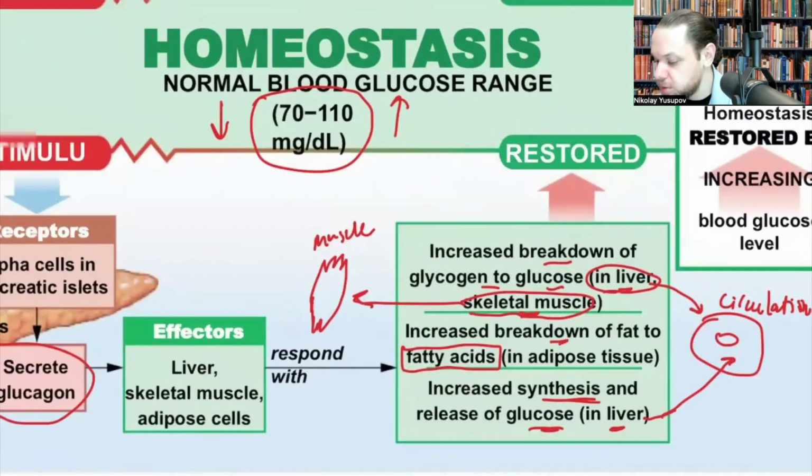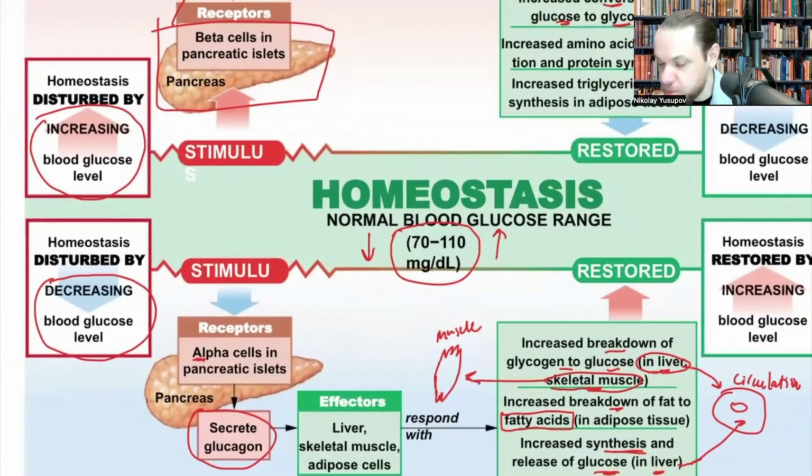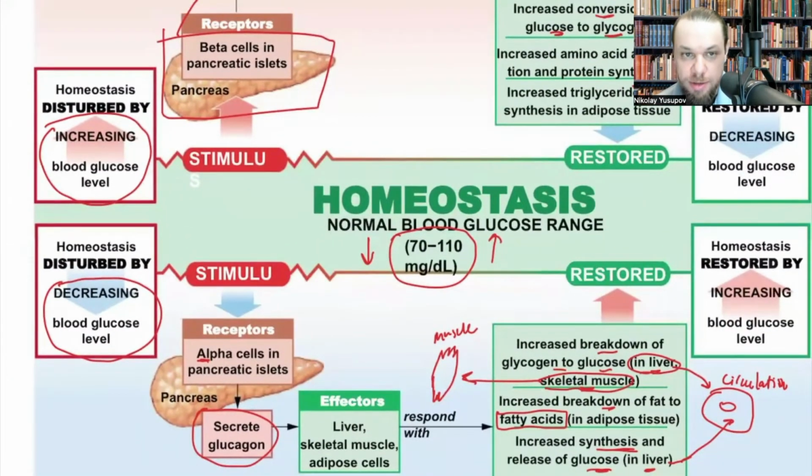So these two hormones work in opposition. One is to take up the glucose and store it. The other is to release the glucose from the glycogen stores. Hopefully that's clear. Do you guys have any questions about insulin or glucagon, where it's made, what the functions are?